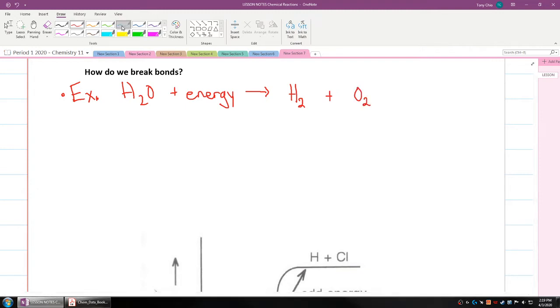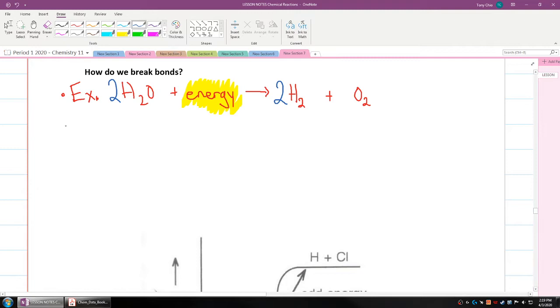Now, if you balance this reaction, you're going to have two water molecules break apart into two hydrogen gas molecules and one oxygen gas molecule. So we need to add energy in order for this to occur.